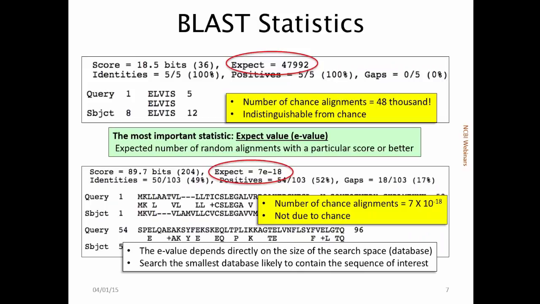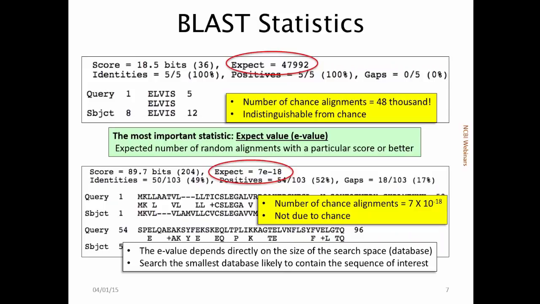The alignment at the bottom has an expect value that reads 7e minus 18. That's just our way of expressing 7 times 10 to the minus 18. So that's the number of chance alignments that we would expect. That's essentially 0. So this alignment and the score that comes from it is not due to chance. A couple of points about the e-value that are important when you're thinking about BLAST searches.